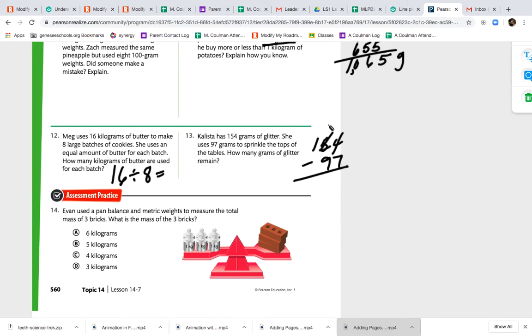We're going to go next door, right? Makes that 4, makes this 14. 14 minus 7 is 7. You got 4. We're going to borrow over here. Makes that 0. 14 minus 9. That's 5. So 57 grams with just the G.